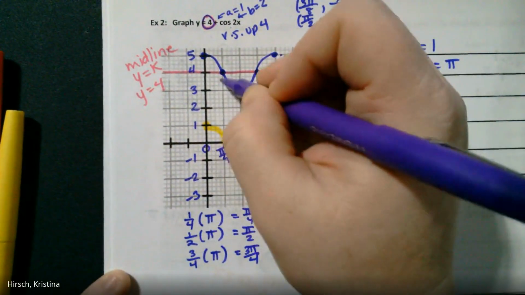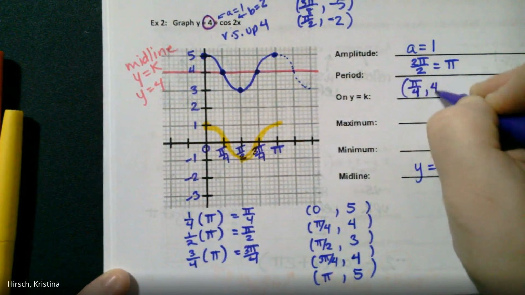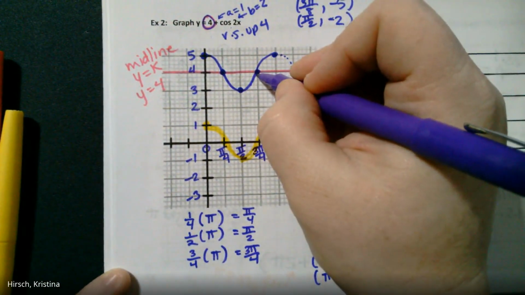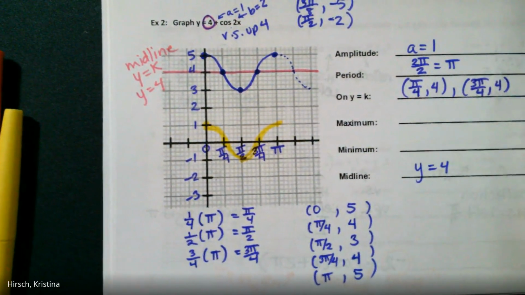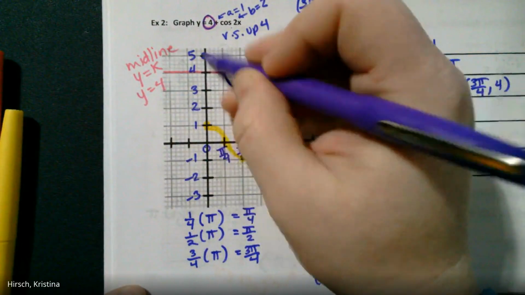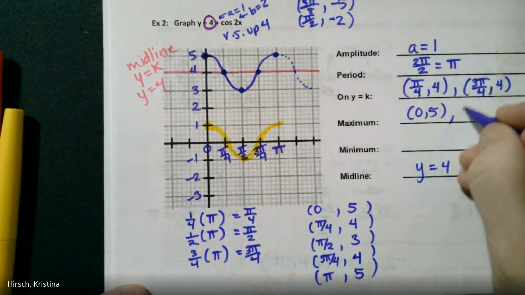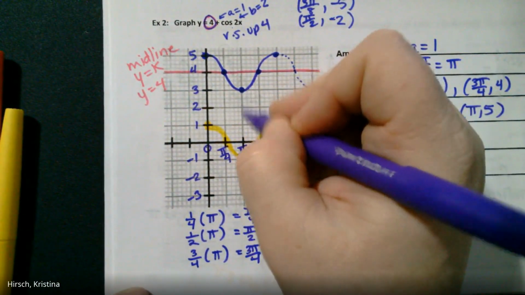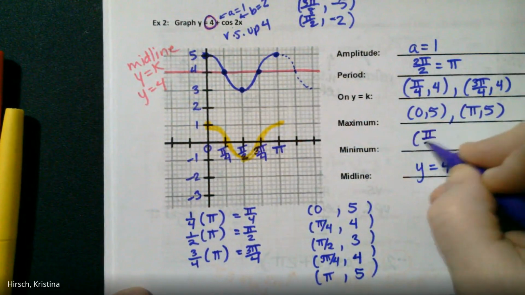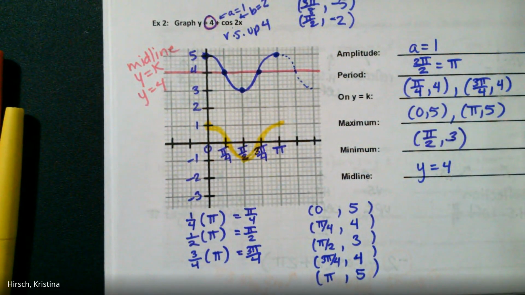Well, they are at (pi over 4, 4) and (3 pi over 4, 4). All right. My maximums, I have 2 of them: (0, 5) and (pi, 5). My minimum, just one minimum, at (pi over 2, 3). Okay. All right, so that's how we graph that with shifts.